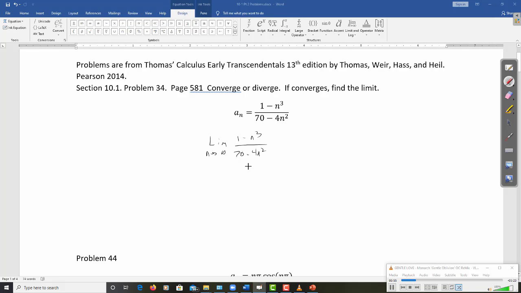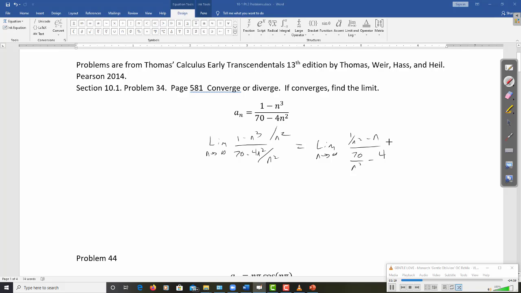You can do L'Hopital's rule if you want, or you could do the old trick of dividing top and bottom by the highest power on the bottom. Either way. Or you could just recognize from doing this work what's going to happen. 1 over n squared minus n over, let's see, 70 over n squared minus 4.